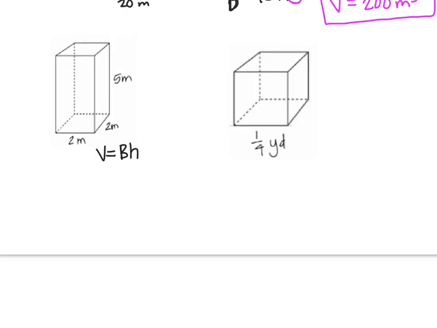For this, we know that that is our lowercase base times height of the base. So it would be these two numbers. Instead of having to do two problems, I can put in parentheses 2 times 2. This is my lowercase base, and this is the height of that base.